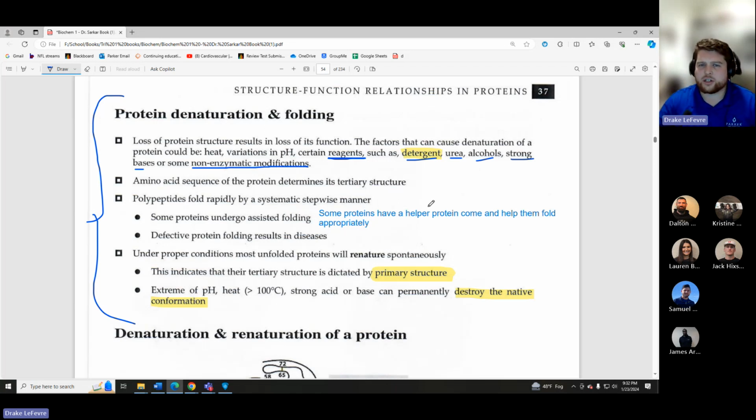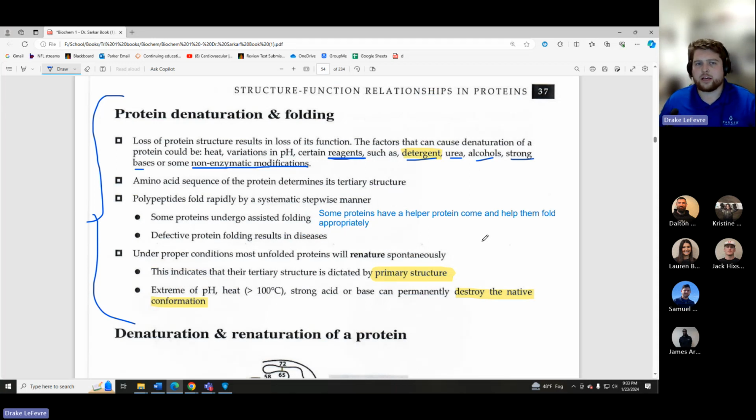So he'll ask a question or two about this denaturing of proteins, along the lines of which of the following would completely denature a protein.